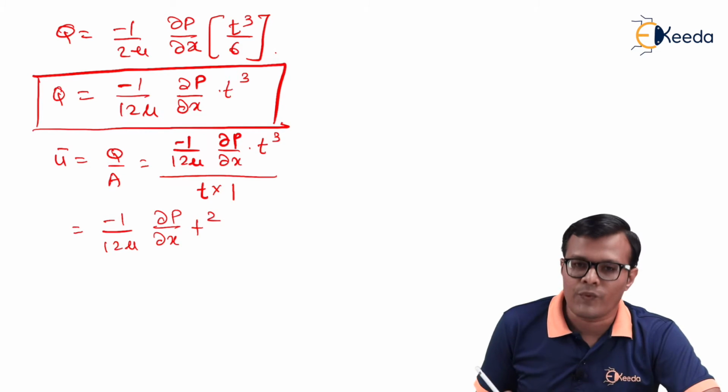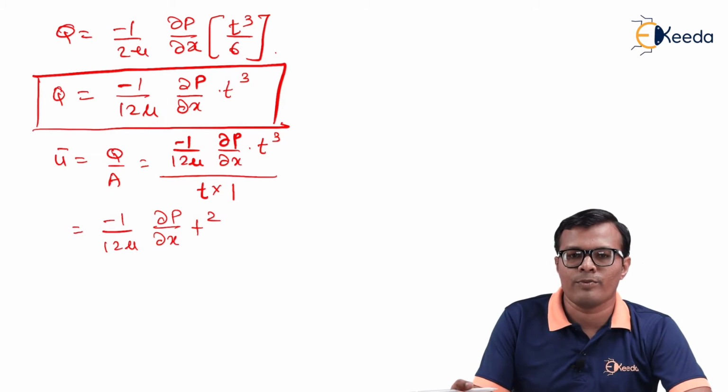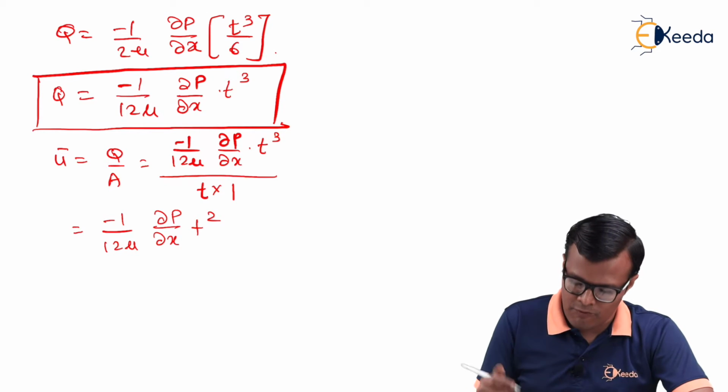Now we are interested in the ratio between the maximum and the average velocity.